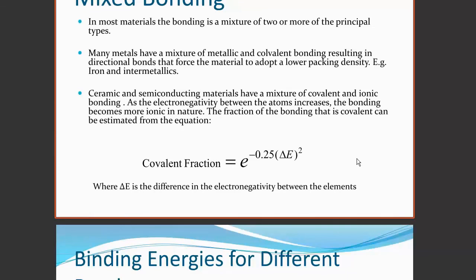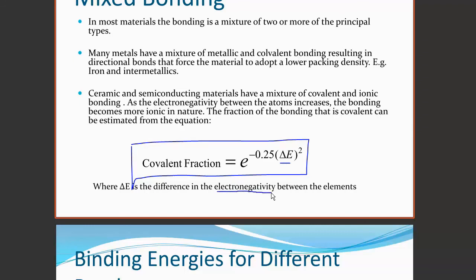In ceramics and semiconductor materials, the bonding can be a mixture of covalent and ionic types. As the electronegativity of the atoms increases, the bonding becomes more ionic in nature, and the covalent fraction of the bond can be calculated using this formula, where delta E is the difference in the Pauling electronegativity between the elements.